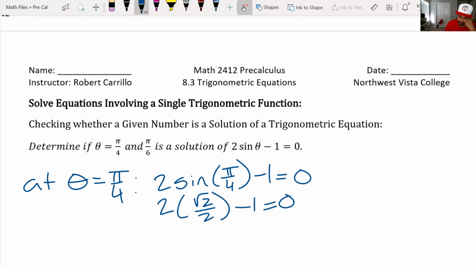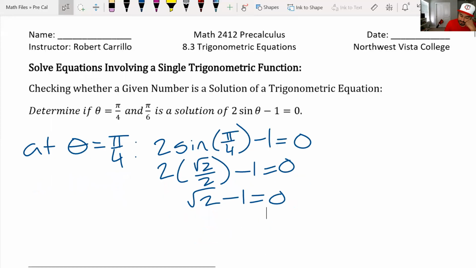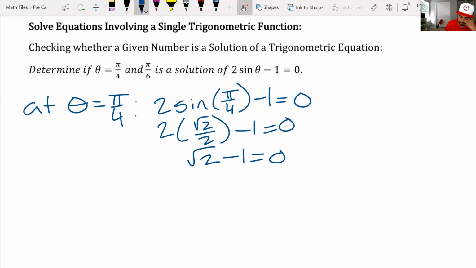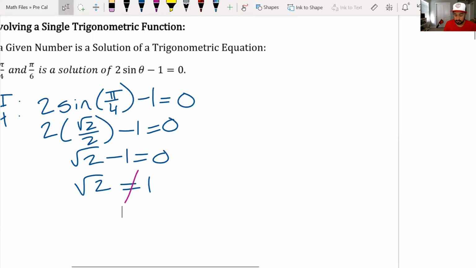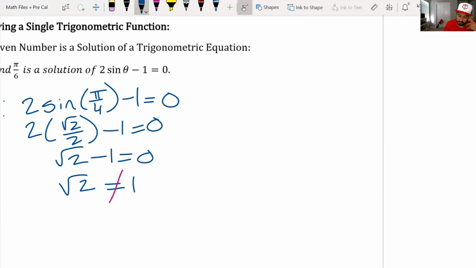And then the 2's cancel. You get square root 2 minus 1 equal to 0. And we get that square root of 2 equals 1, which is definitely not true. This means that pi over 4 is not a solution. So theta equals pi over 4, not a solution.